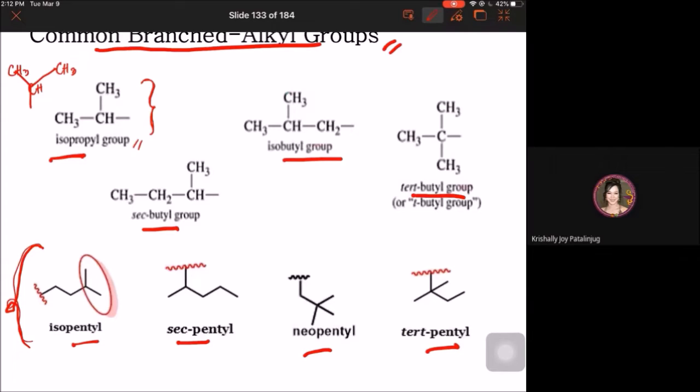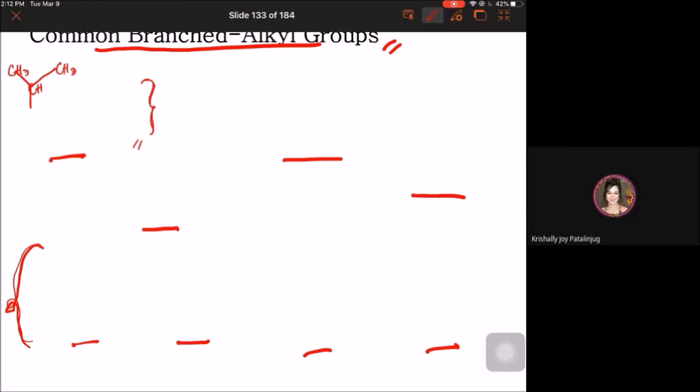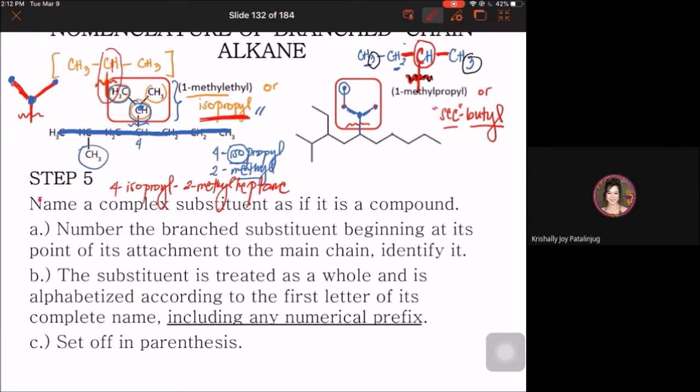If you think hindi ka magaling dito, you can use the safest one, okay, which is step 5. Which is pinaka-safe. You simply count, you treat that complex substituent as a compound, di ba? So it's up to you. But sa exam, you have to provide only one name. Kasi sensitive ang Google form.